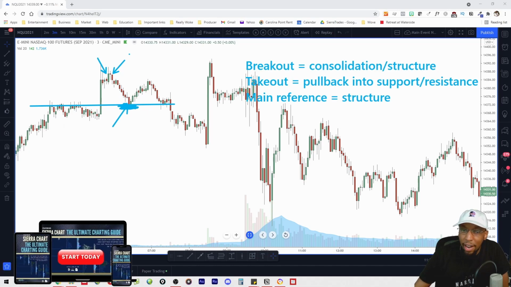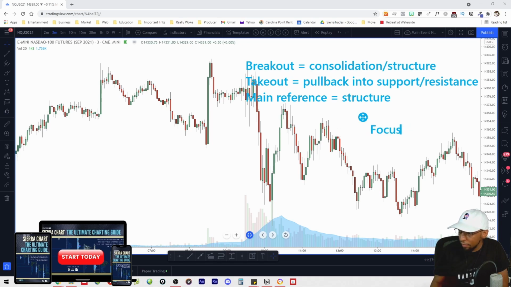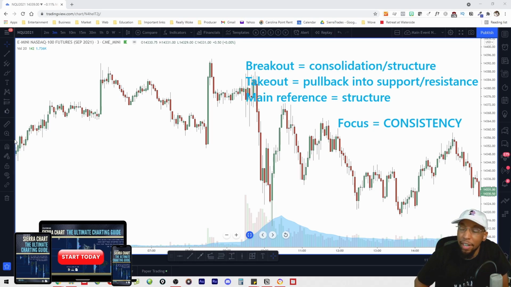One more thing before I actually start showing examples of these breakout and takeout trades. The main thing that we want to be focused on to get the best results is consistency. Depending on your strategy, the main thing you want to focus on with using this method for entering a trade is consistency.